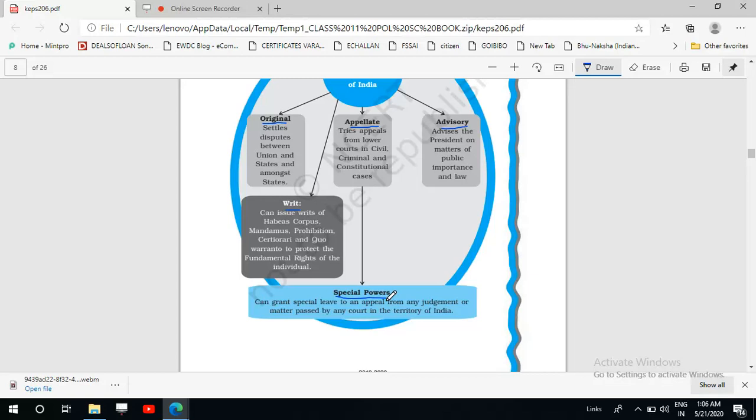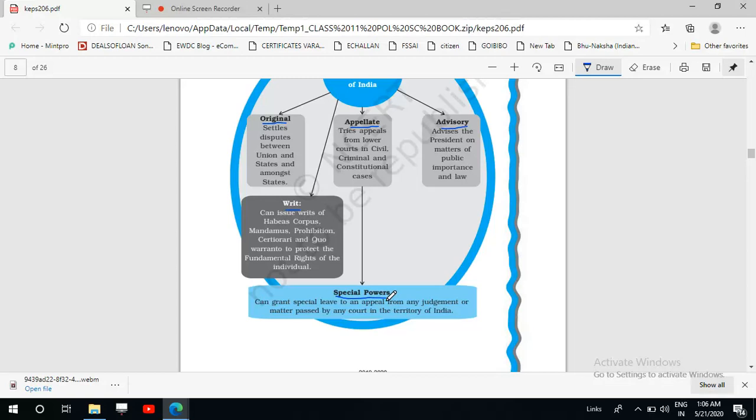SLP, and it is the special power of the Supreme Court of India, and it can be exercised by the Supreme Court only in those cases when any substantial question of law, any very important question of law is involved, or a very gross injustice has been done.